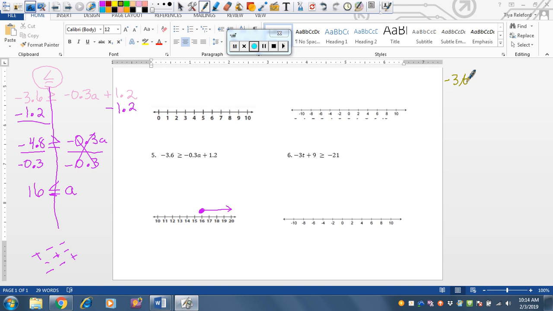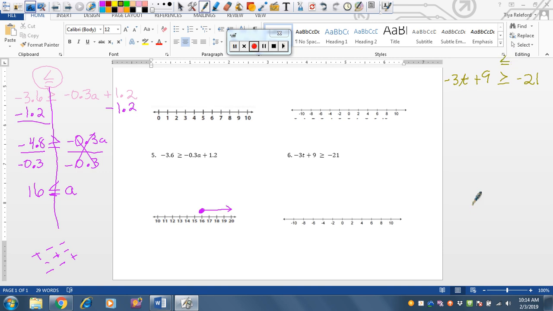One last one together. You don't have to watch it if you don't need it. First of all, is my sign going to flip or no? Is the number in front of the letter positive or negative? If it's negative, and it is, my sign is going to change the other way.